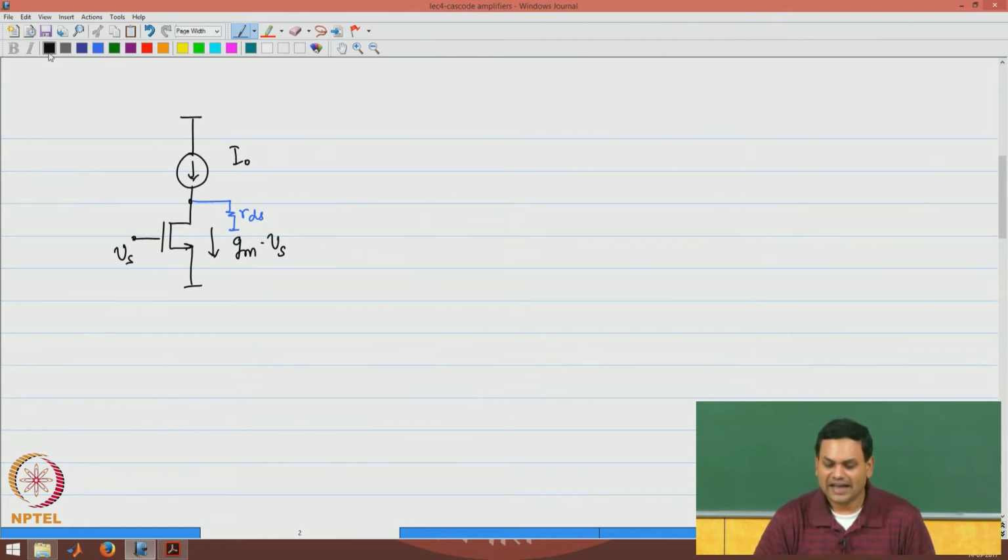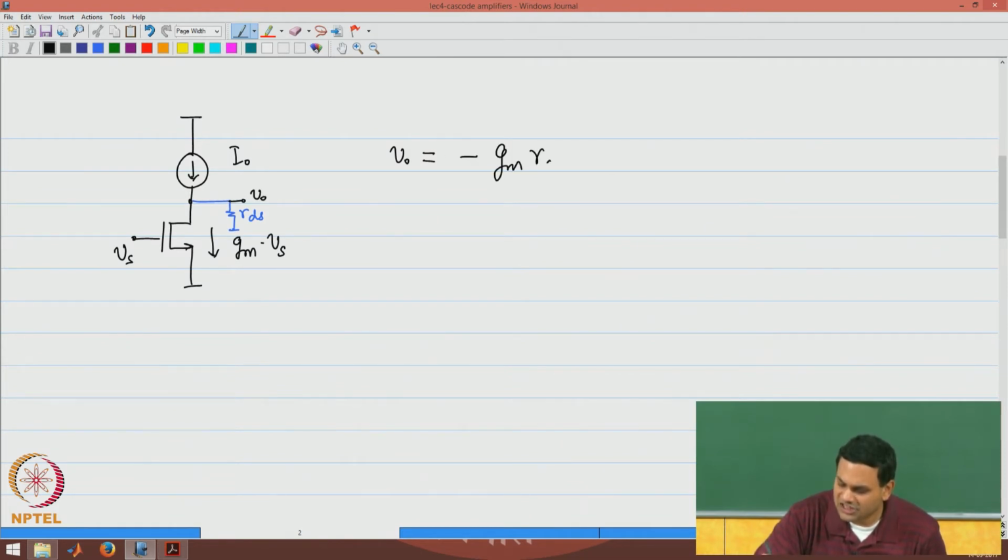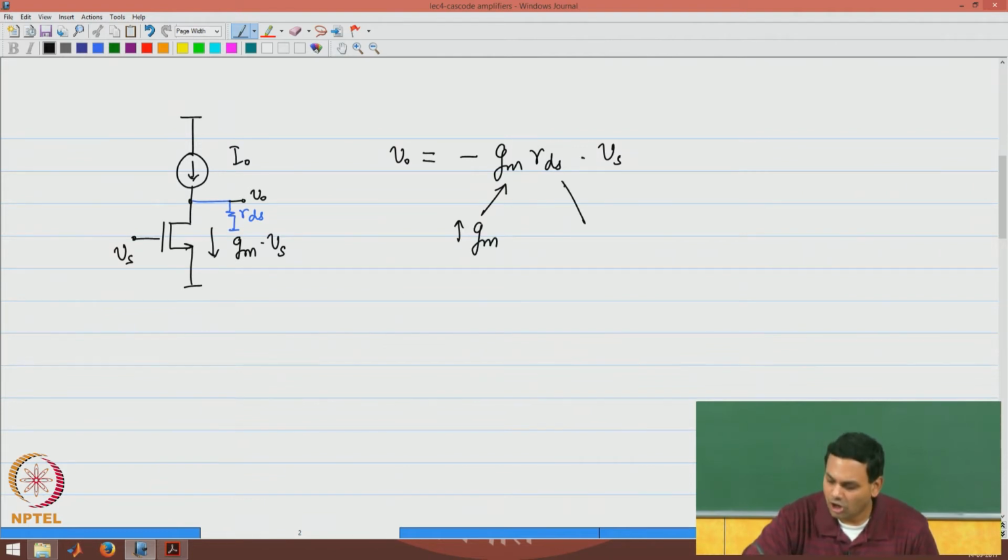Now, since the voltage gain is minus Gm RDS times Vs, there are only two ways to change the gain of the circuit. One way is to increase Gm, or you want to increase RDS.